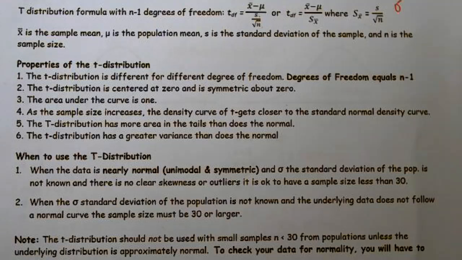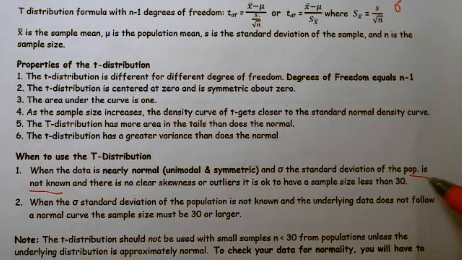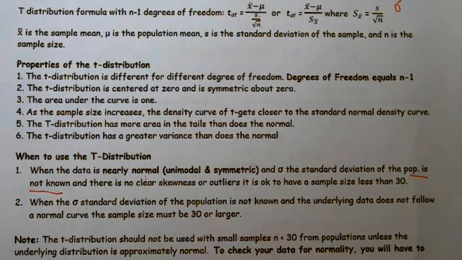Okay, we can use it when the data is nearly normal and the standard deviation of the population is not known. If the data is nearly normal, and we test it by drawing pictures, actually box plots or other graphs, if it's nearly normal or close to normal, it's okay to do it if we have a sample size less than 30.